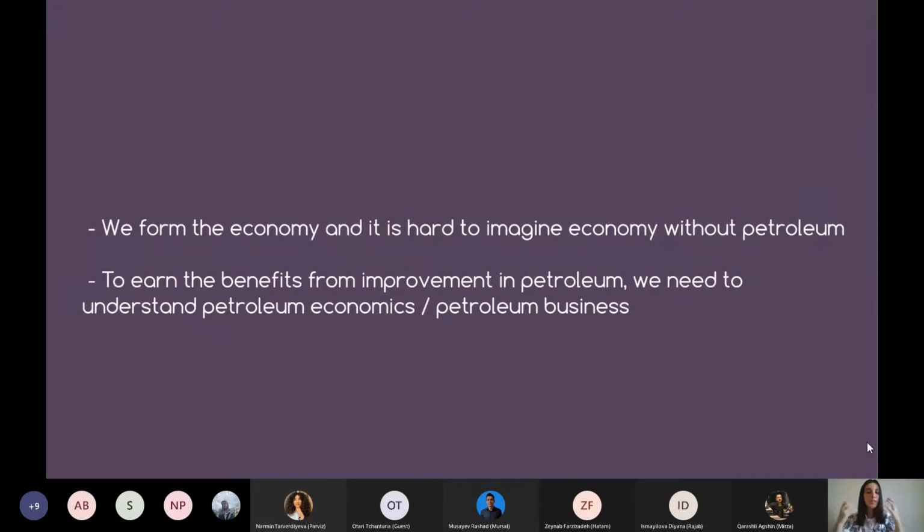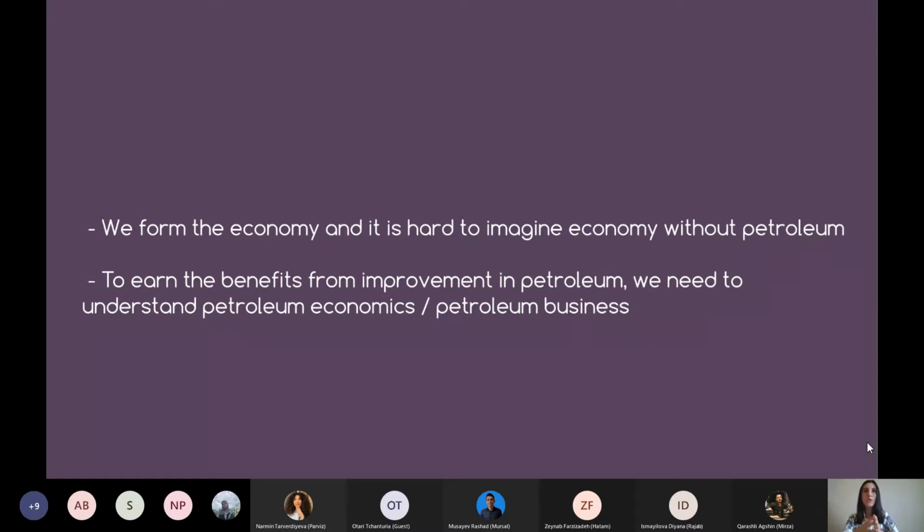And in general, we can understand petroleum as mechanical power. In order to run businesses, in order to run machines, petroleum is needed, right? And also we can understand petroleum as political power. If you look at history, we can see that some battles and wars happened because of petroleum. We can see the Azerbaijani case also.